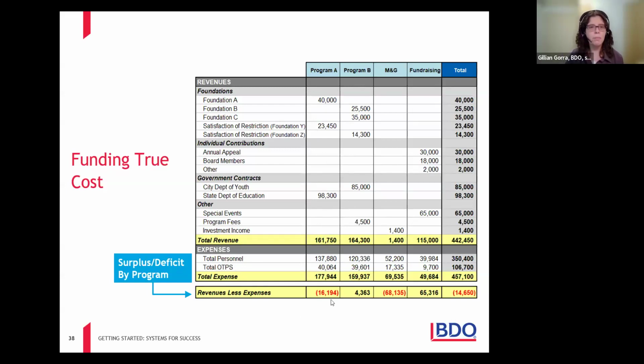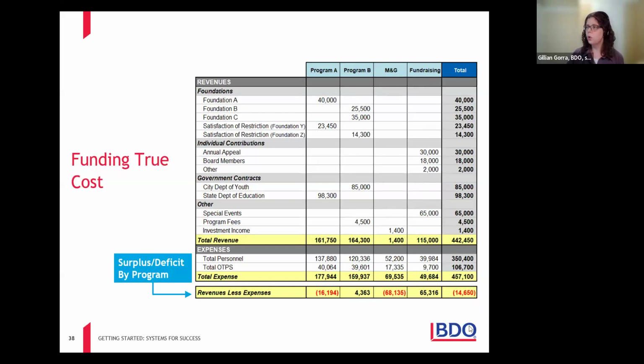It's okay in the nonprofit sector if our programs are not running a surplus, right? We're nonprofits. But what we want to see is that we have enough unrestricted dollars coming into our fundraising function to subsidize anything else in the organization that's losing money. We can see here in my hypothetical, this organization still has a little ways to go.